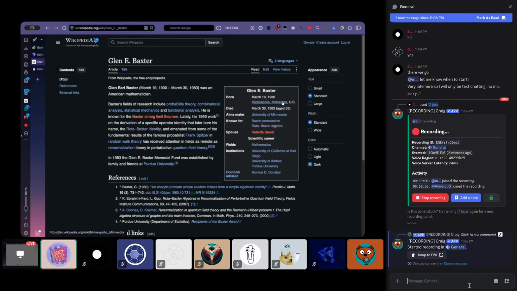This person discovered the Baxter permutations almost by accident. He was not looking for permutation research. What he was trying to do was look at fixed points of functions.